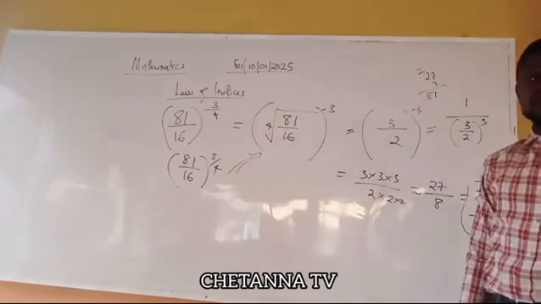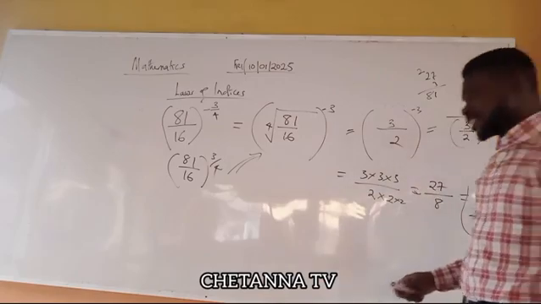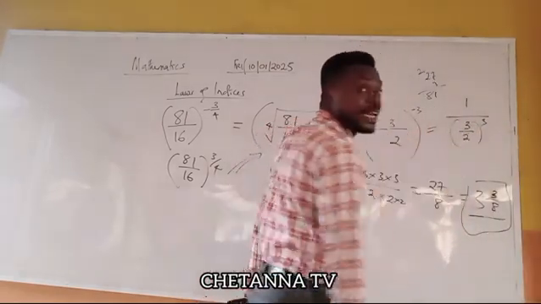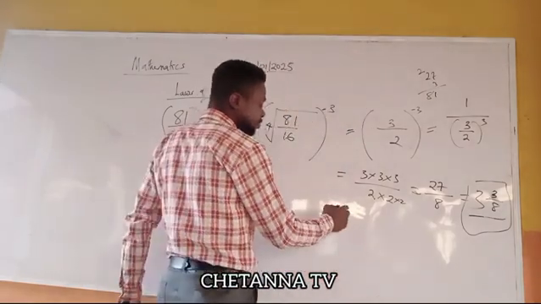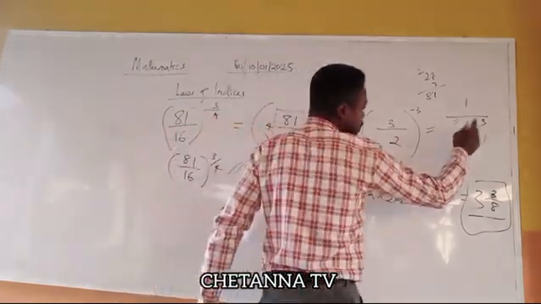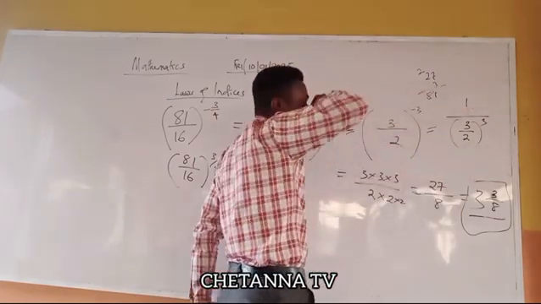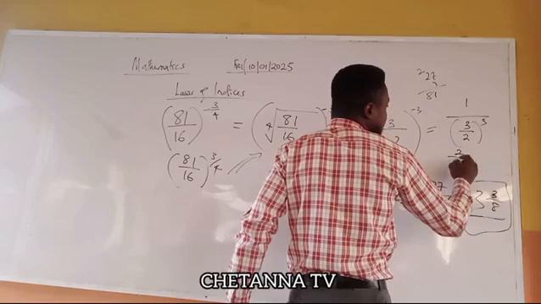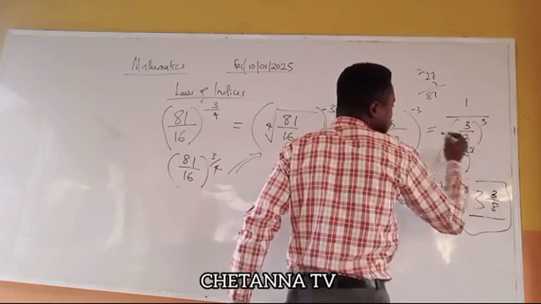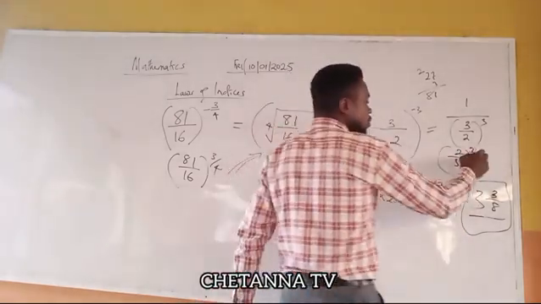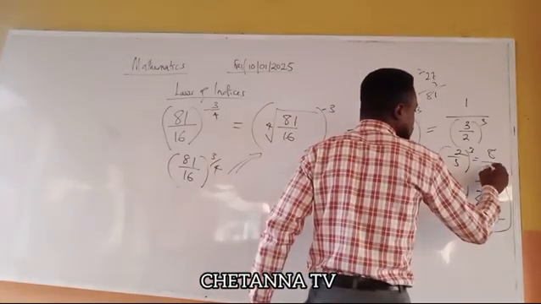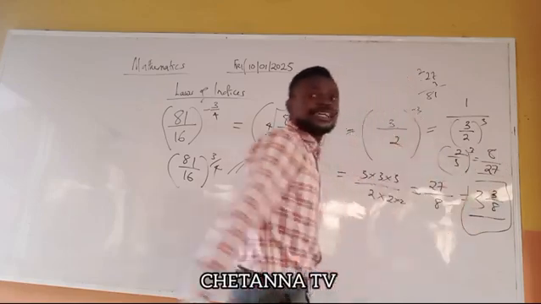If not, the answer should be like this. If you work here now, the answer should be what? Invert. Everything should be inverted. It should be 2 over 3 raised to what? 3. Which is now what? 8 over what? 27. This should be the answer.